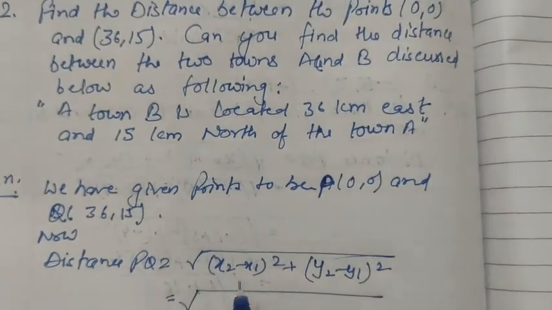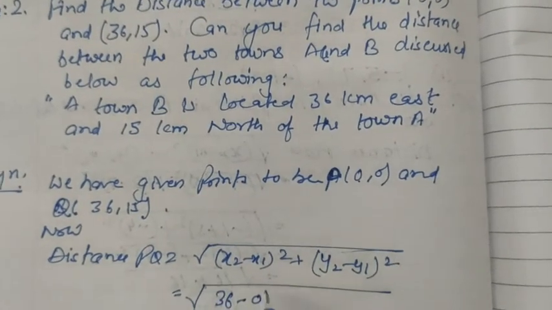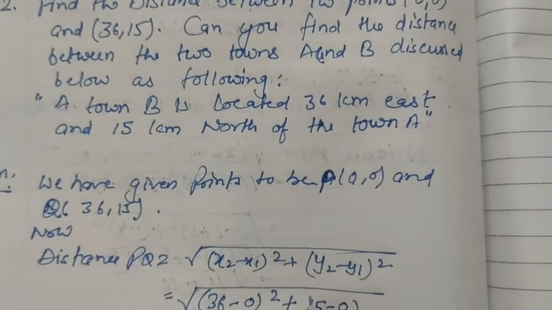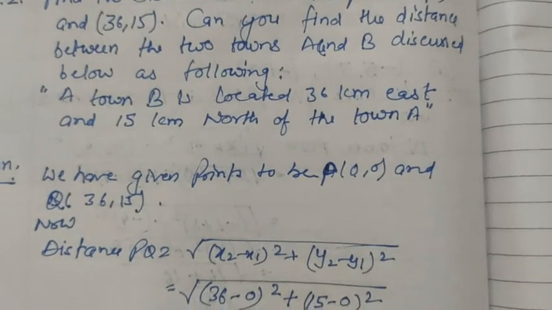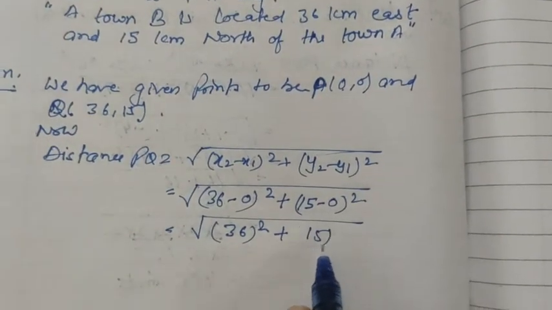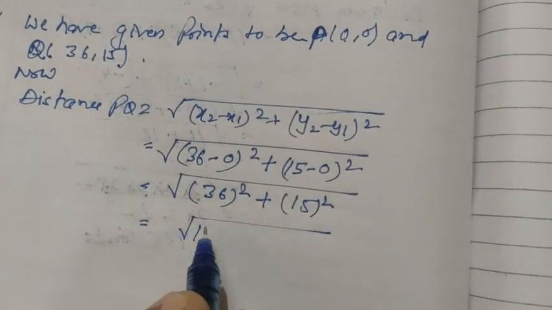So x2 we have as 36, so 36 minus x1 which is 0, so this becomes 36 minus 0 square plus y2, that is 15 minus 0 square. So this becomes 36 square plus 15 square. Now 36 square means 1296.